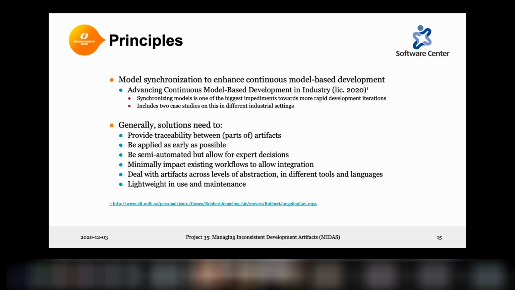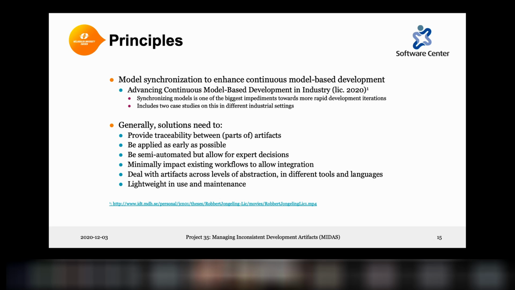Something that we found is that we have to deal with artifacts at different levels of abstraction. I've talked about models and code, but you can think about models at very different levels. You can have system models that are extremely high level and just divide some functionality across different components, and then at the lower level there are software models that really define how to implement something, or define the structure and behavior of those components.